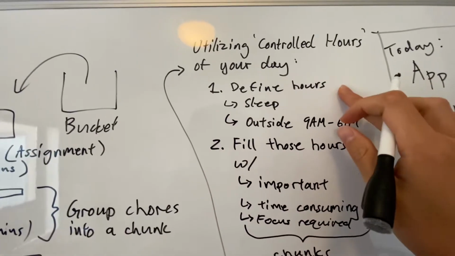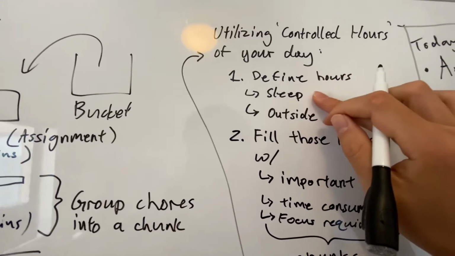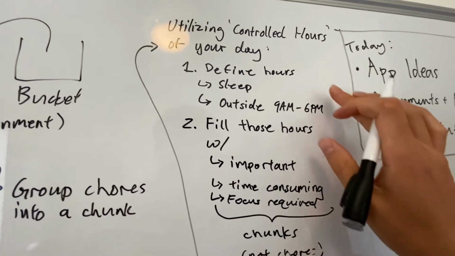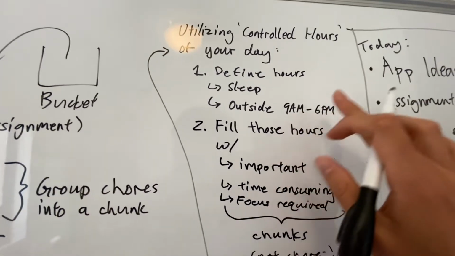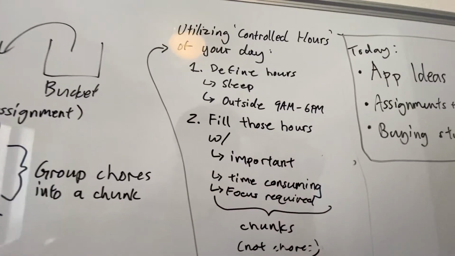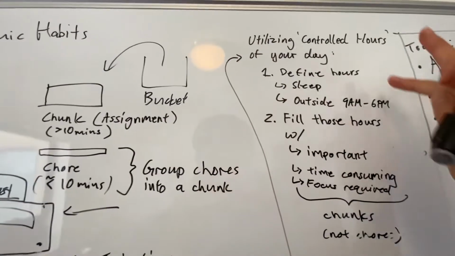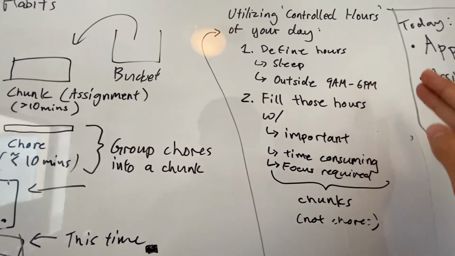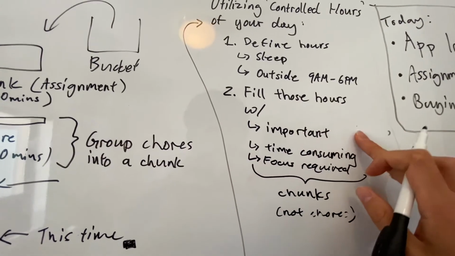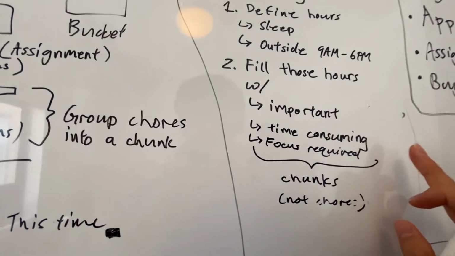Yeah, so this is the utilizing controlled hours of your day plan. You define the hours that are controlled. So those are your sleep hours, whenever you're sleeping. Generally, not much is going to annoy you while you're sleeping. And outside 9 a.m. to 6 p.m. is a general range that I've set. In the app, I'm going to have people set their own ranges. And then you want to fill those hours with important tasks, time-consuming tasks, and tasks requiring hyper-focusing.